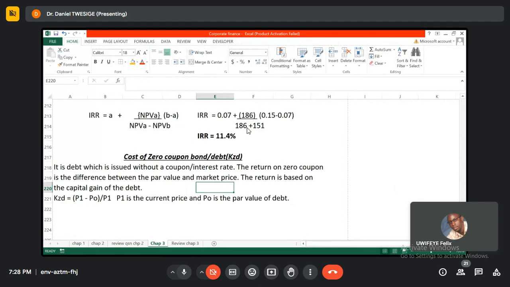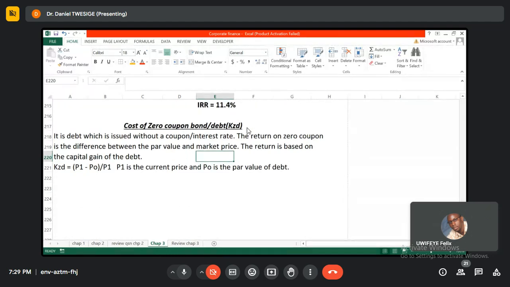So this one is not very complicated, so you can be able to calculate it.